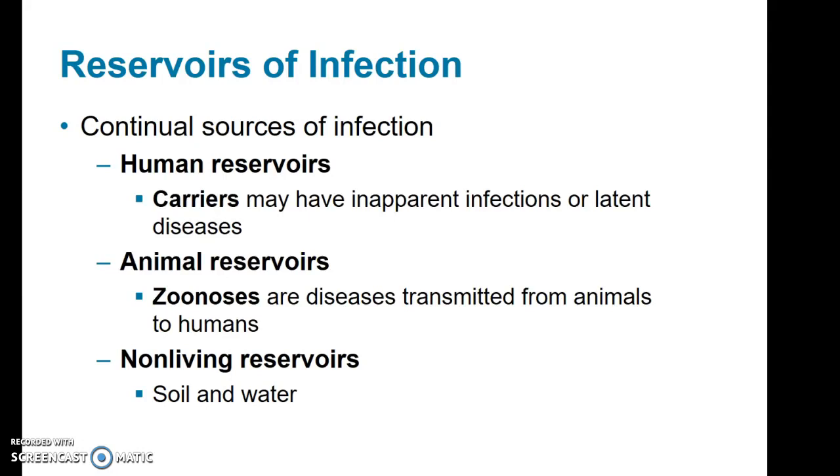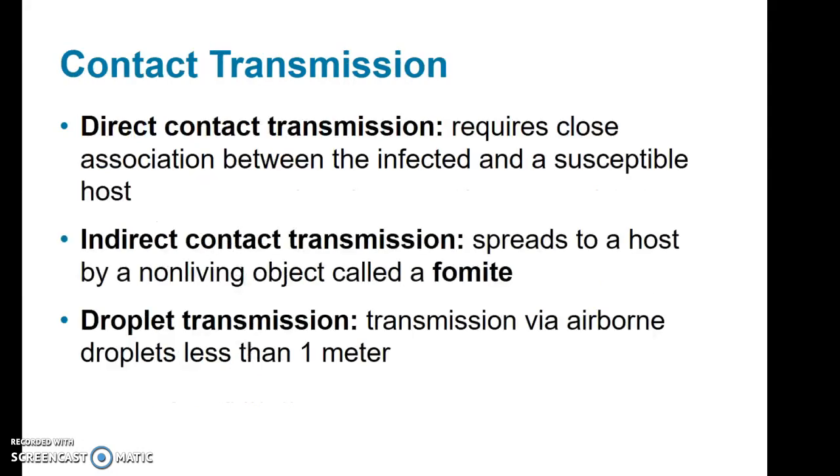When we did our student disease PowerPoints, there were several diseases that you can get from soil, such as tetanus, and water, such as cholera. Different ways of transmitting diseases is what we're going to talk about next.